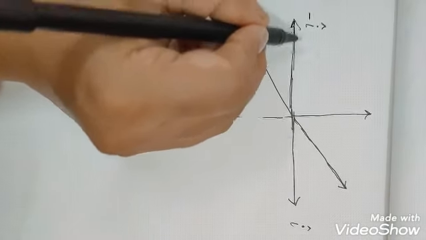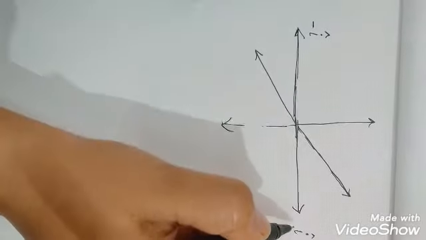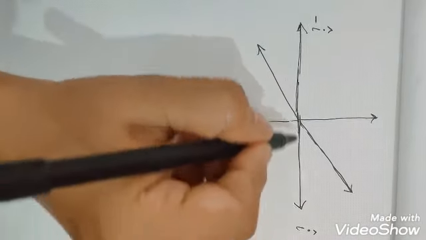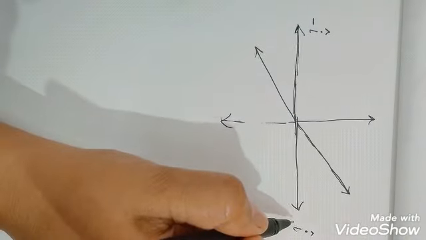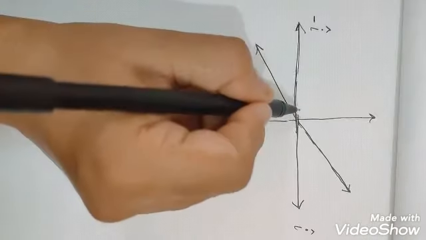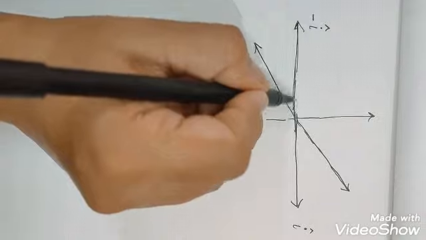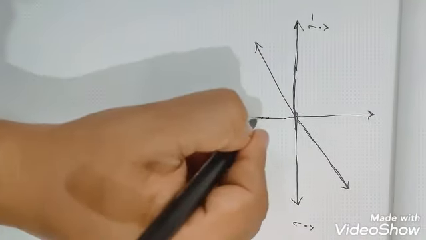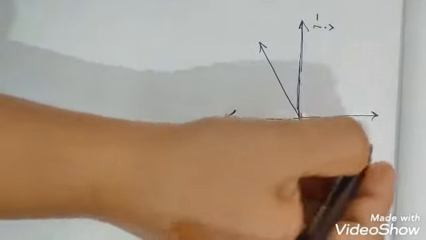As we represent it with i, it is clear that this will be along the positive x-axis, or along the negative x-axis. Now come to the y-axis.